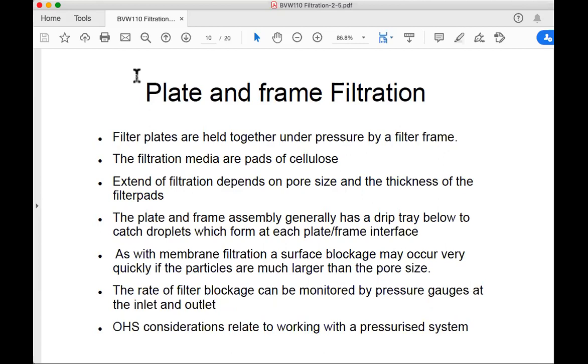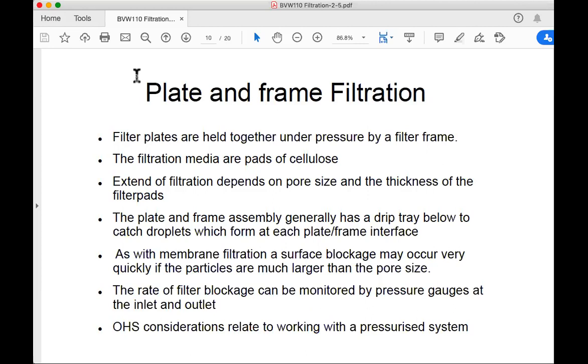Prior to cellulose, I think in the late 1800s, asbestos was used, and obviously health concerns around the use of asbestos led to a replacement with cellulose.